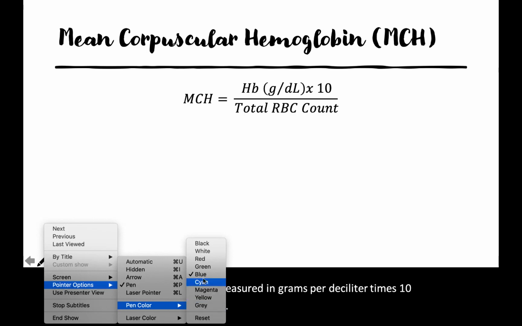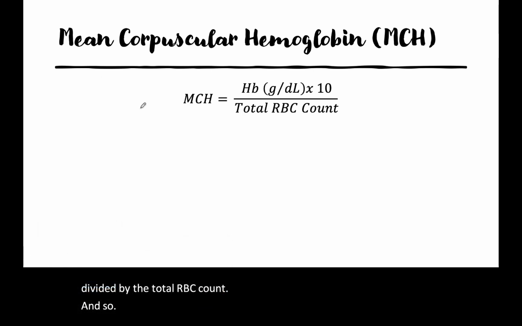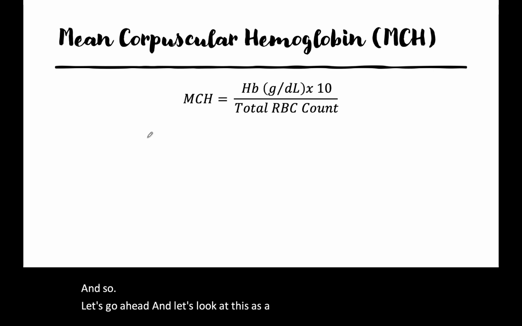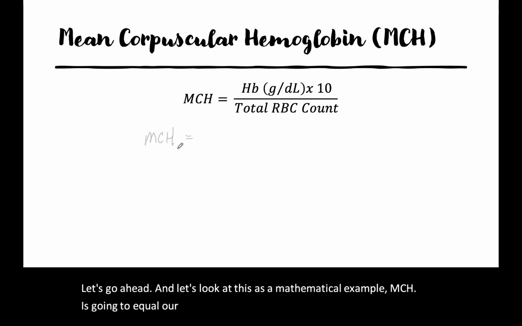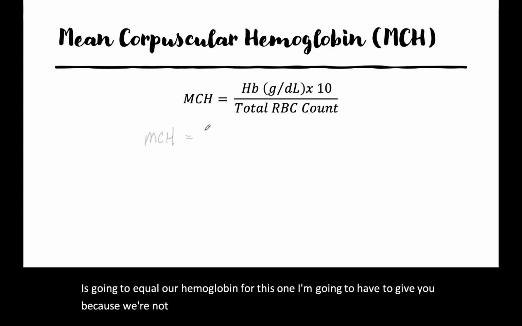And so let's look at this as a mathematical example. MCH is going to equal our hemoglobin. For this one, I'm going to have to give it to you because we're not actually calculating hemoglobin in the lab.